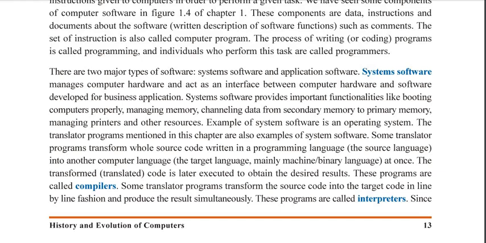Now some translator programs transfer the whole source code written in a programming language. Now, two types of translator: compiler and interpreter. What is a compiler? Now if you and your friend are talking to each other, but one person only knows Gujarati, the second person only knows English, so we need a third person that converts Gujarati to English and English to Gujarati.